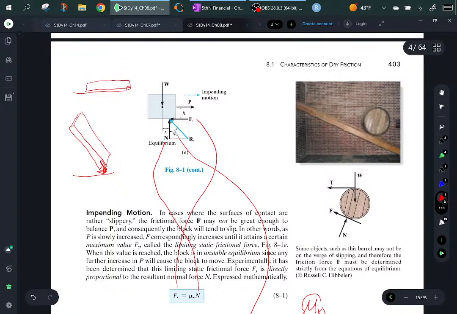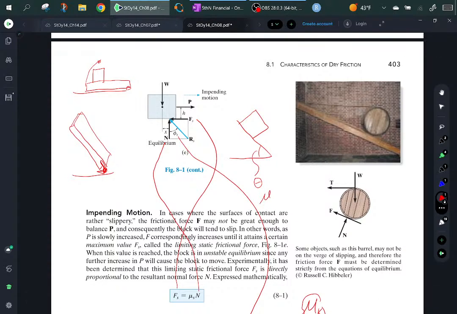You put an object on it, and you start picking it up. At a certain point, it breaks free and starts sliding down. If that's the case, and he has a problem like that later, you can do a free body diagram of that, figure out this angle that you were at, and you can get the coefficient of friction out of that. And so there was that experiment.